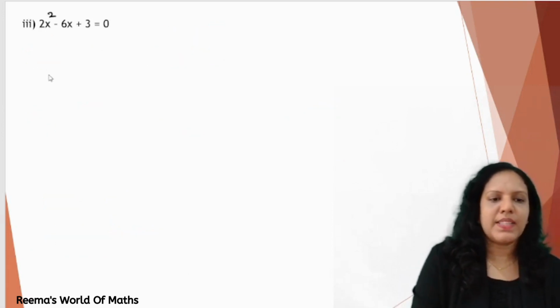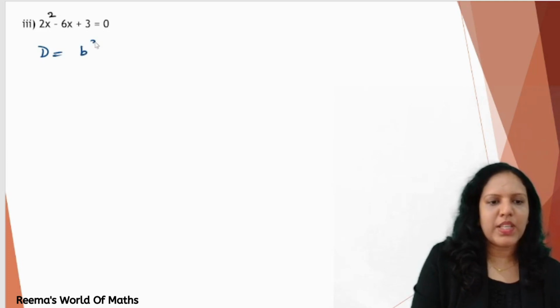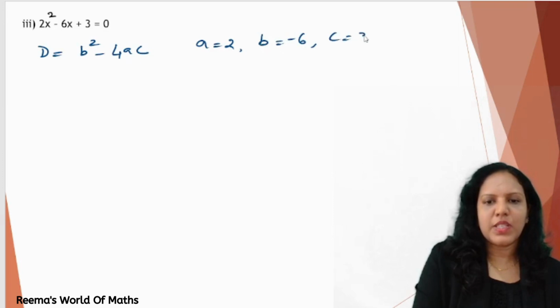2x squared minus 6x plus 3 equals 0. In this case, we again find the value of the discriminant. D is equal to b squared minus 4ac, where a is equal to 2, b equals minus 6 and c equals 3.